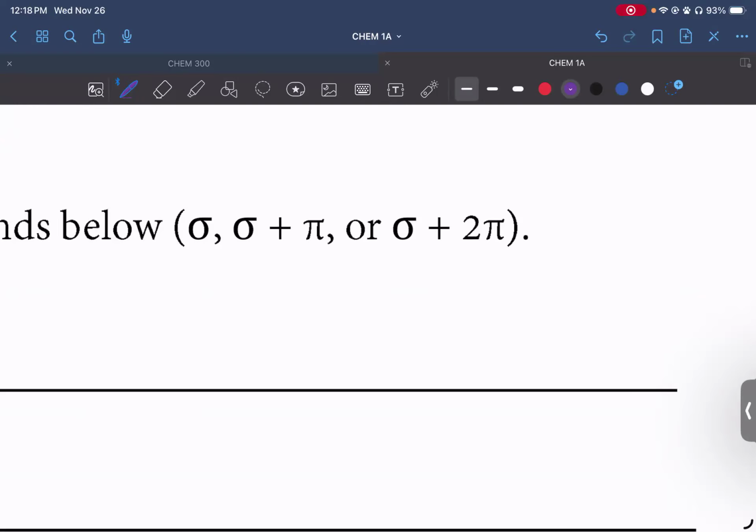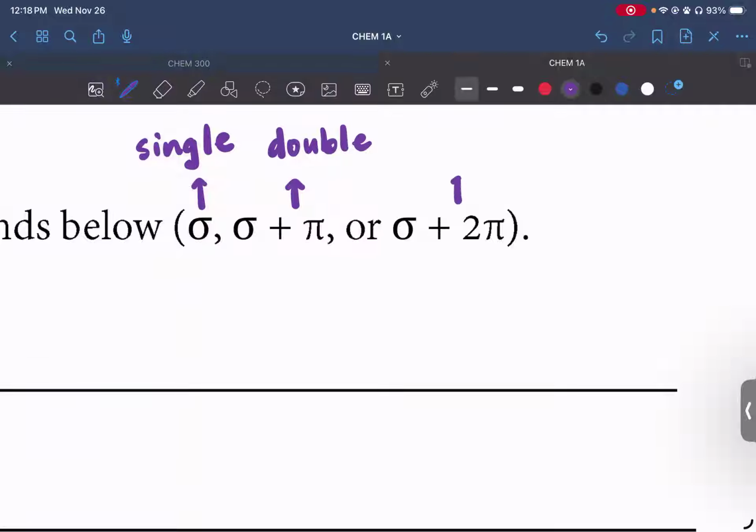Although these Greek letters are alarming at first, it's important to remember exactly what these relate to. A sigma bond is a single bond. A sigma plus pi is a double bond.